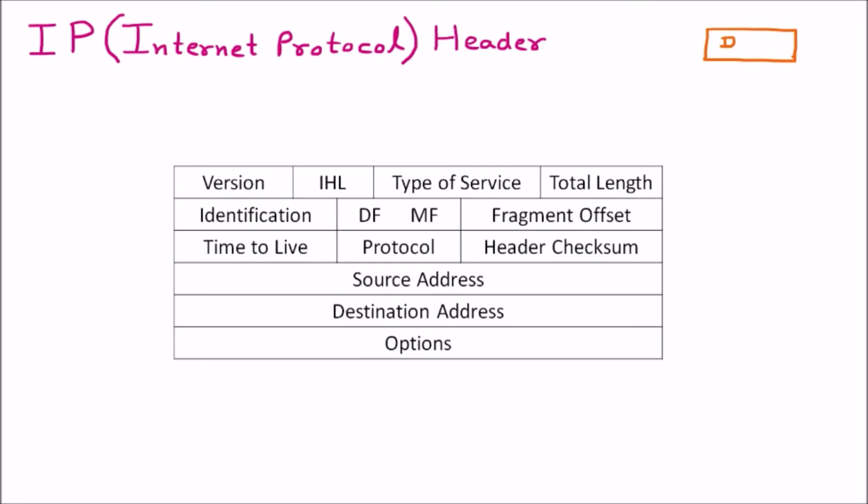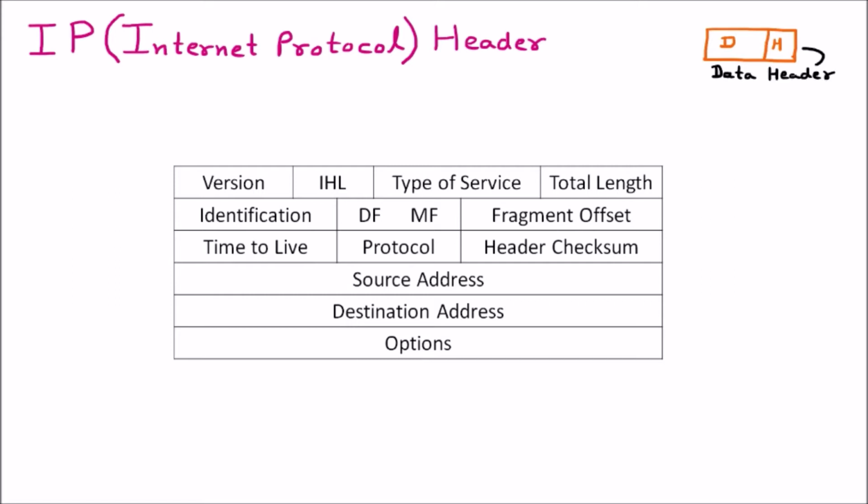The second thing we have is the header. In this header we have certain information about where the packet will go. The data will be carried by this particular header. So the first field is the data and the other field is the header.